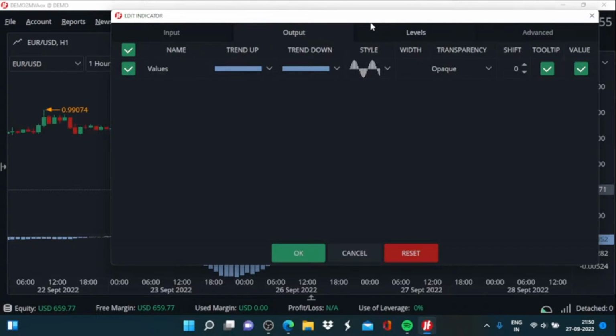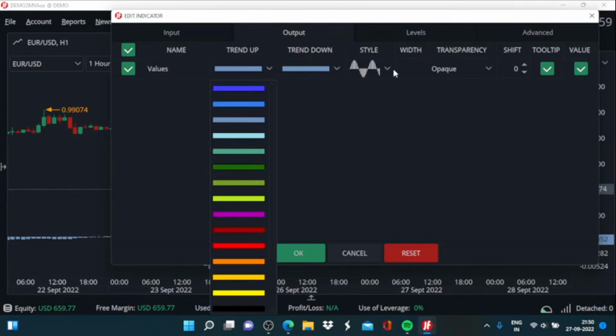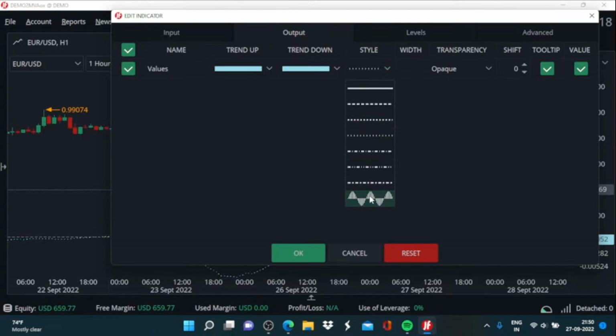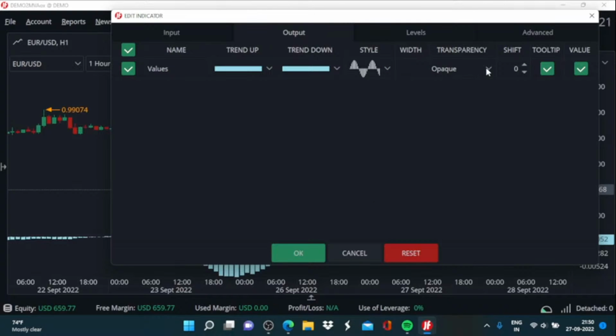For this output value, you can go for different color combinations, and this style can also be varied. Suppose if you want brighter color, then you can do that. If you want this output to appear as the bar chart, you have to keep the same. But if you want it in a line format, you can do that as well. So all these options are there. I think the bar chart pattern looks quite good.